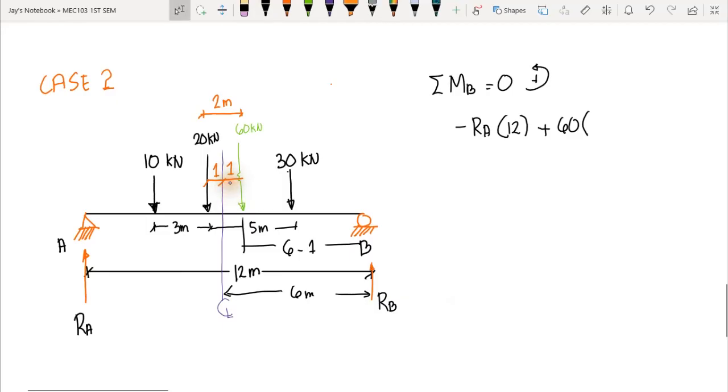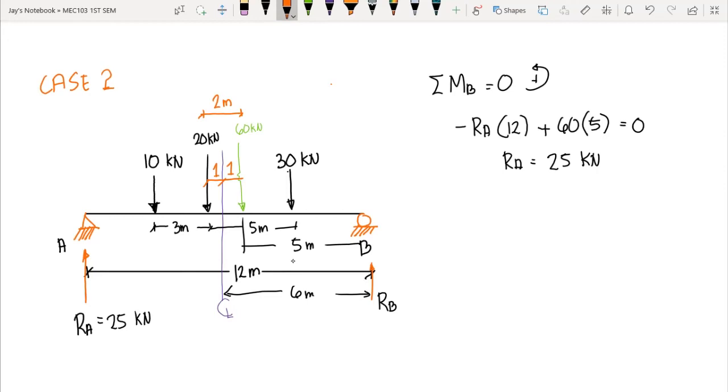So we have 6 minus 1, this would give us 5 meter distance. So we have 60 times 5 is equals to 0. So we have RA here, which is equal to 25 kilonewton. So we have RA, which is equal to 25 kilonewton.